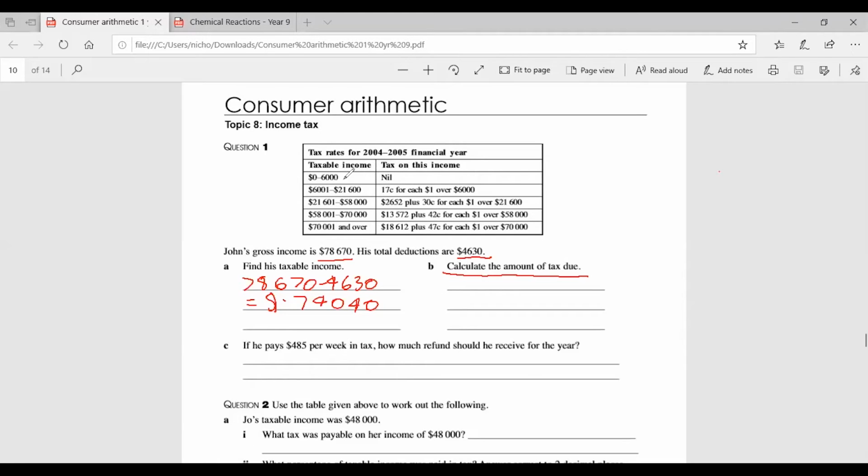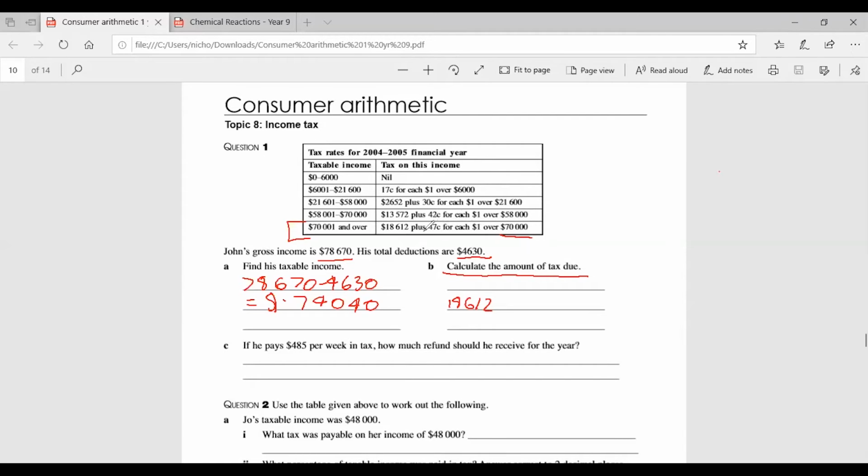Yeah, so now we're going to use the table. Because he's over $70,000, we're going to use this last one, right? So he has to pay $18,612 first of all. But then he's also going to have to pay plus 47 cents for each dollar over $70,000.